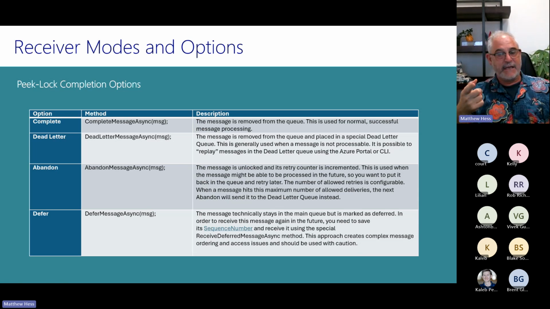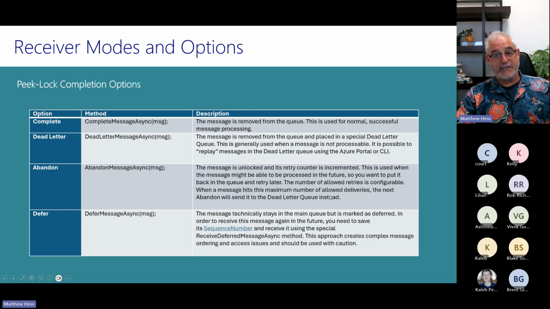And the next time somebody calls receive, they're going to get it again. This is used when the message might be able to be processed in the future, so you want to put it back in the queue and retry it. Now, the number of allowed retries is configurable. And when the message hits this maximum of allowed deliveries, the next abandon actually dead letters it. So this is also what your timeout does.